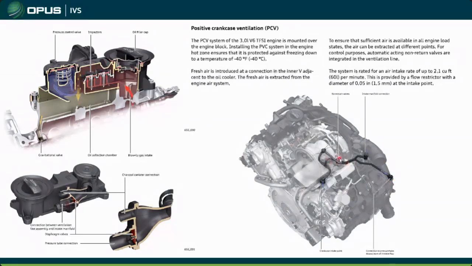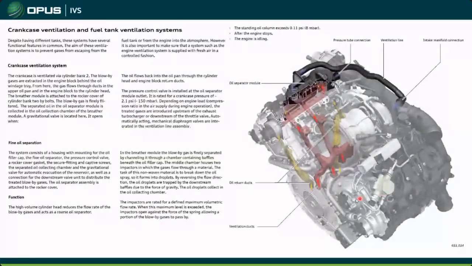And there's some check valves in here, non-return valves, and that's going to determine where the fresh air is coming in to flow up through the rest of the system. So your fresh air comes in through here, under the turbo into the block, circulates around down here, and then, as in this picture, comes back up and through our oil separator module.